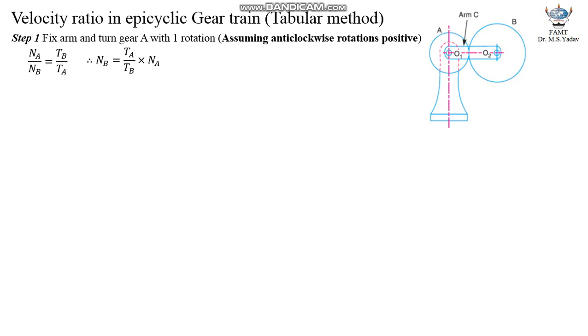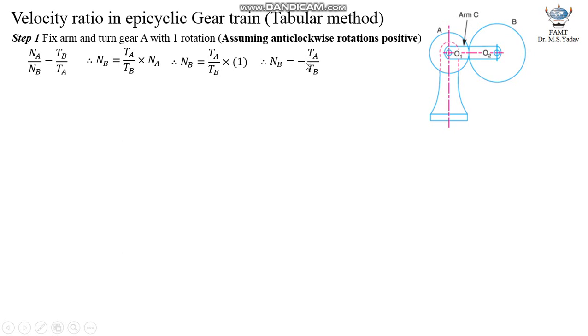Now, if gear A turns with plus one rotation, that is one rotation in anti-clockwise direction, then NB will be equal to TA upon TB into 1. So that's equal to minus TA upon TB.